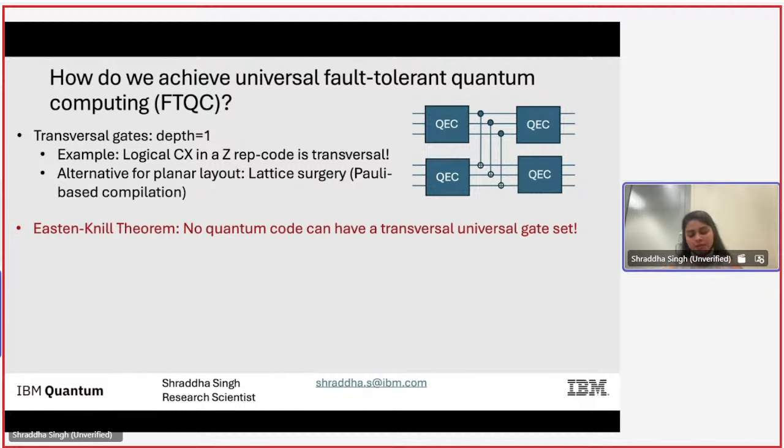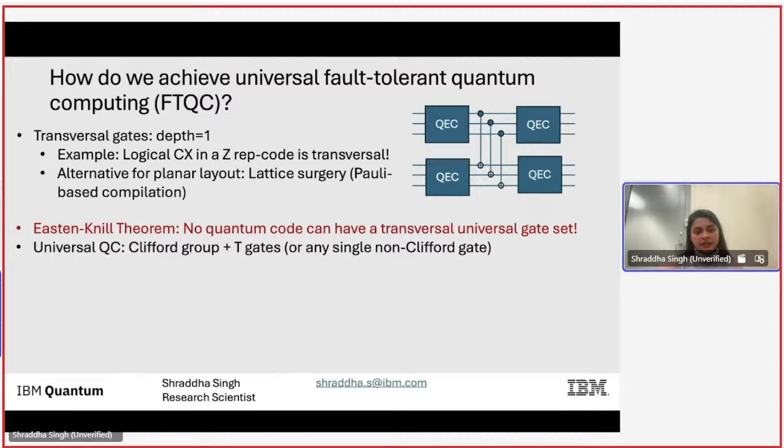This requirement essentially flows through into lattice surgery also, because if you don't have a transversal implementation, a direct consequence of that is you don't actually have a way to implement that gate using constant depth circuits. And that's essentially where the problem of universal fault-tolerant quantum computing comes into the picture.